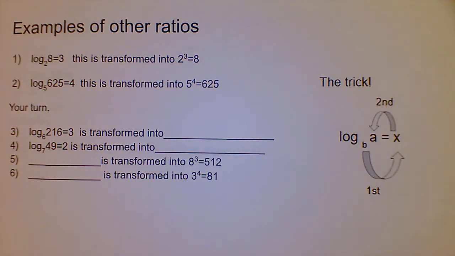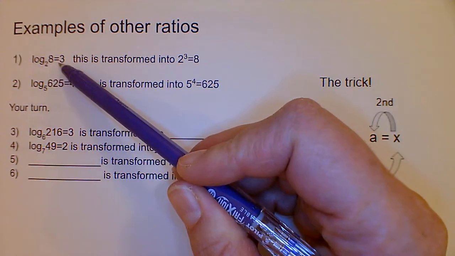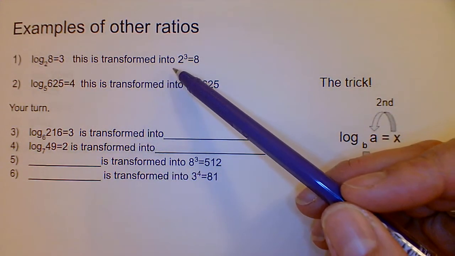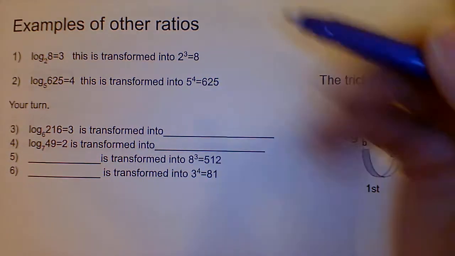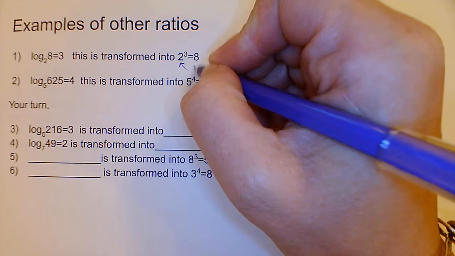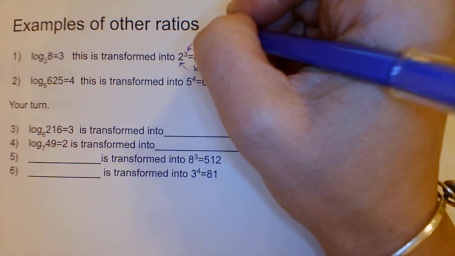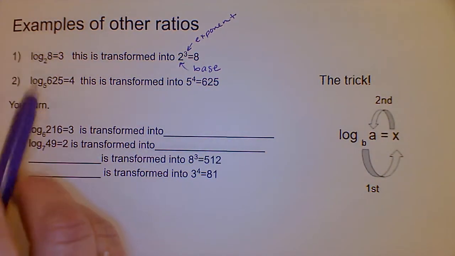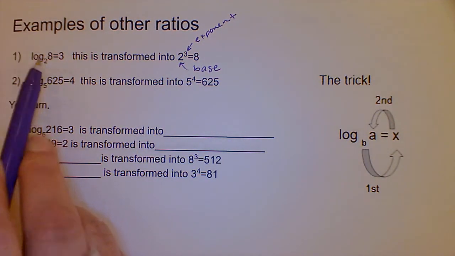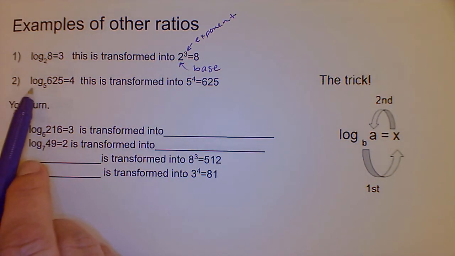Examples of other ratios. Here we have log base 2 of 8 equals 3. This is transformed into 2 to the third equals 8. The reason why I keep calling 2 the base is because that's what it is. 2 is the base, and 3 is your exponent. Okay, let's see number 2.